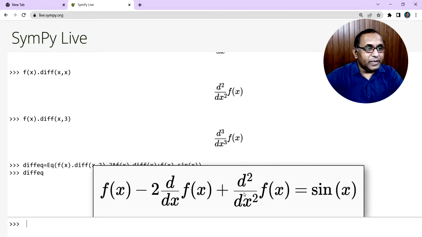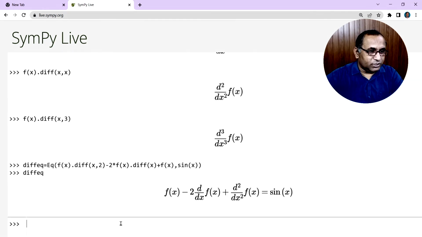So this is the second order differential equation.